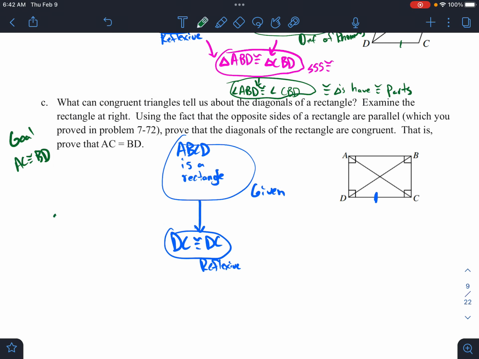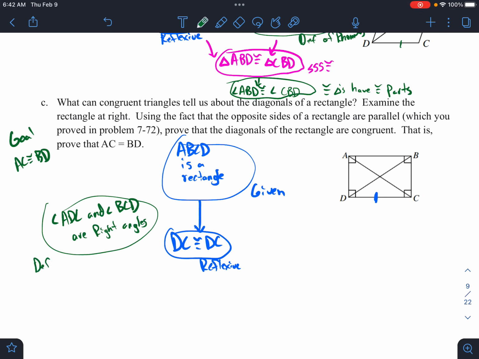We also know that angle ADC and angle BCD are right angles. And this is, again, really the definition of a rectangle. So let's just make sure we're talking about the same thing. We have ADC, this angle here, and BCD, this angle here.